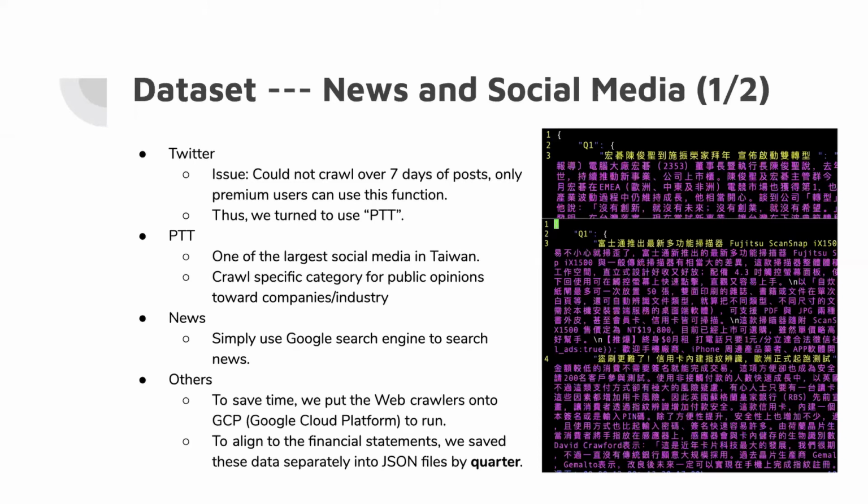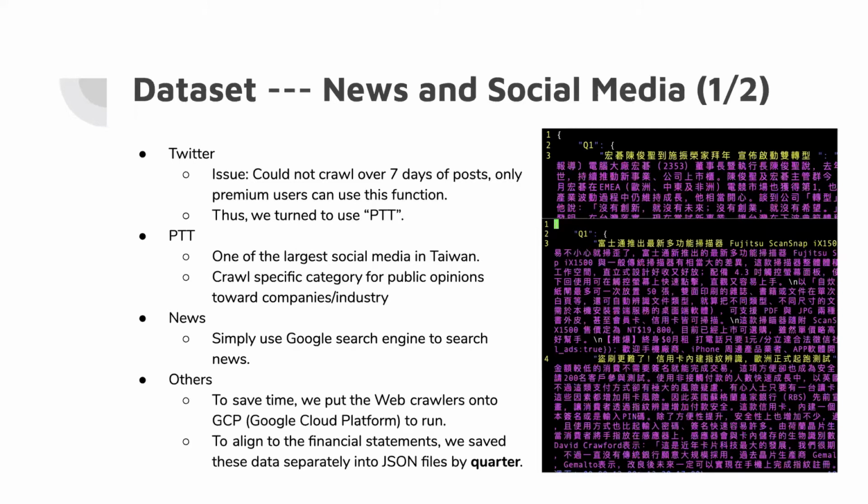And the last thing is the platform we use. We use Google Cloud Platform since there are lots of keywords, so we need Google Cloud Platform and its processors to help us crawl the posts quickly.